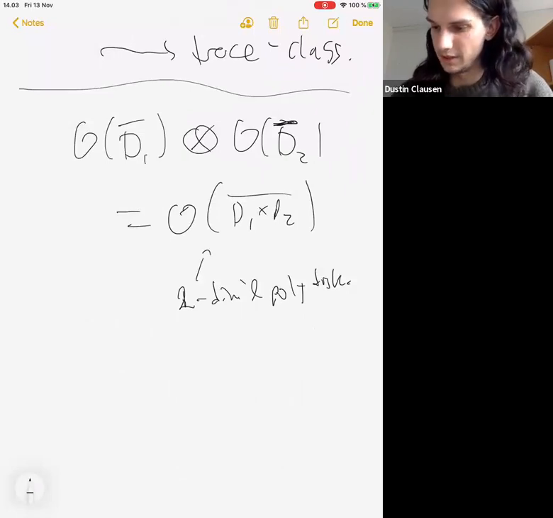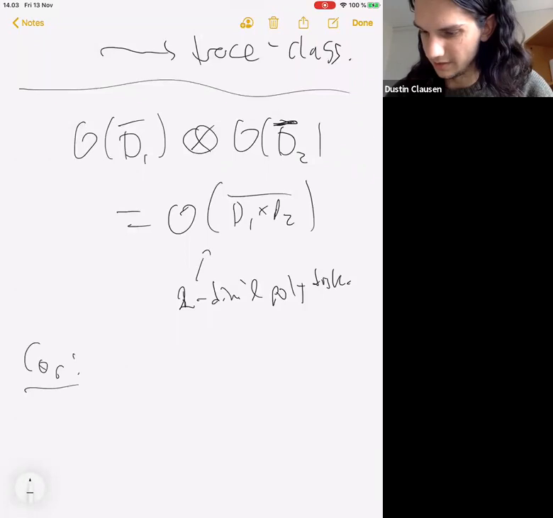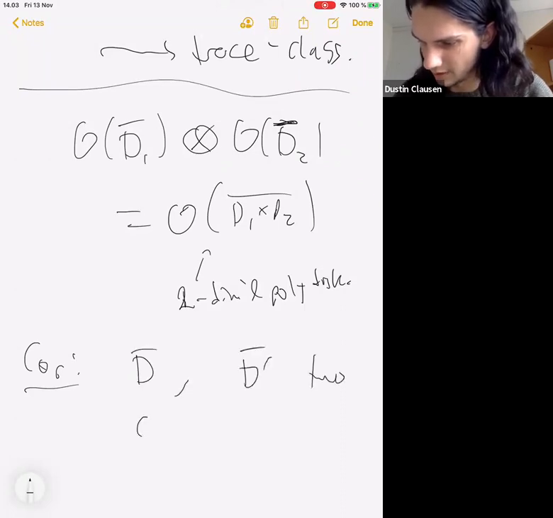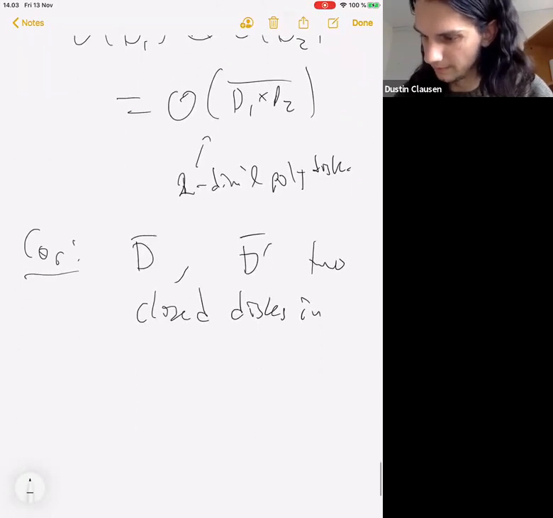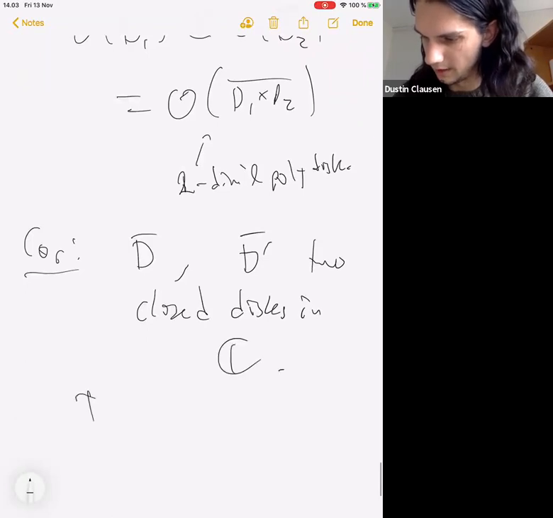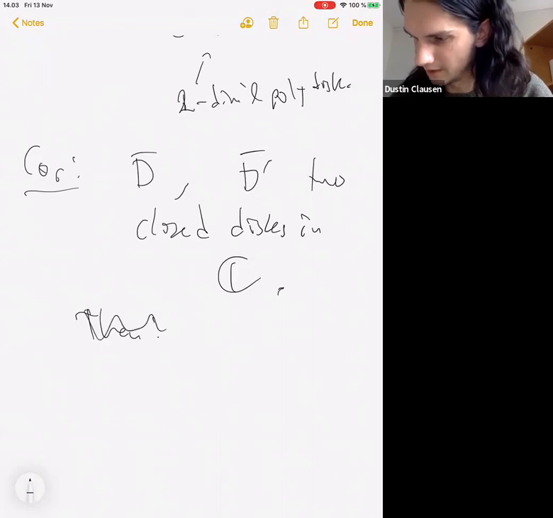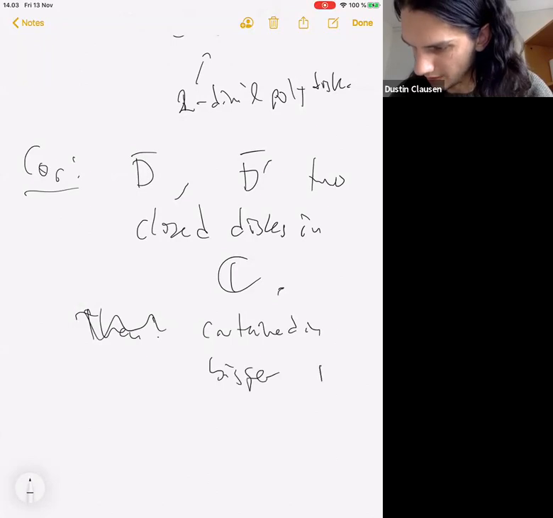Now I want to extract some corollaries relating to holomorphic functions. Let's take D and D prime, two closed disks in the complex plane, contained in a bigger disk, let's call it E bar.